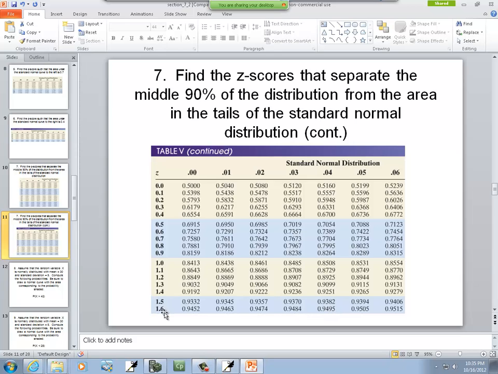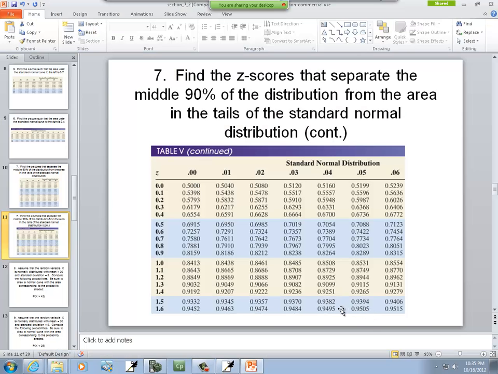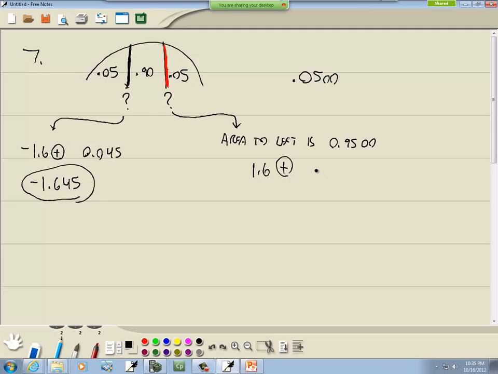So if I go over here, I got 1.6, and we're merging that with, since it's halfway in between this one and this one, and this is 0.04 and this is 0.05, we're going to merge that with 0.045. So we get the number 1.645. Now you're going to find when we're talking about standard normal that if you got two values like this and it's symmetrical, once you get this one, the other will be the same except the sign will be changed.